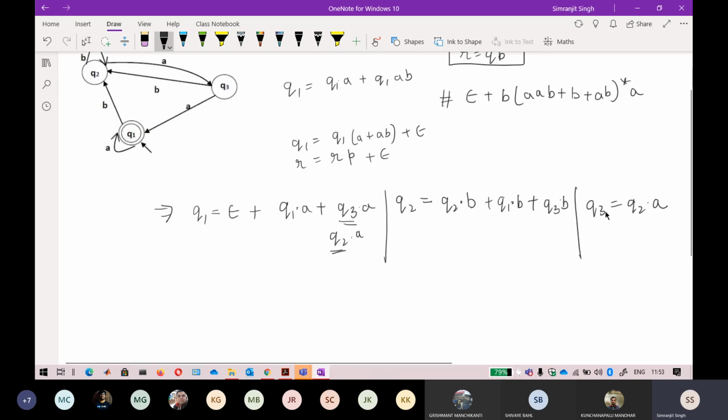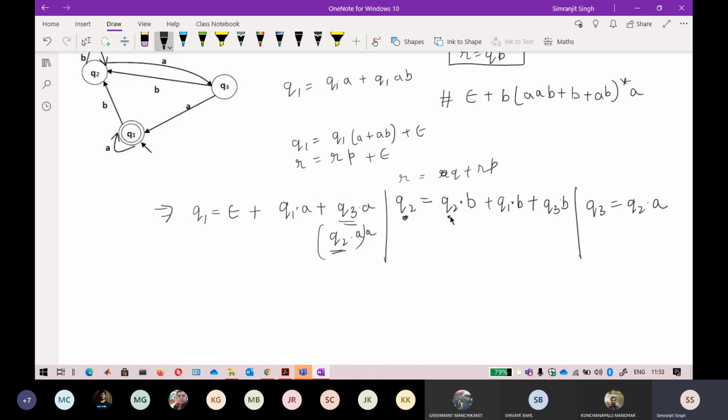Okay, so firstly I see that I do not want to solve this Q2, but I see there is Q3, so I just put directly the value of Q3. But by putting the value of Q3, I again get Q2A, so I have to solve Q2. Okay, so there is Q2 and inside there is also Q2, so there is a possibility of applying Arden's theorem here. Q plus RP, so there is a possibility to apply.